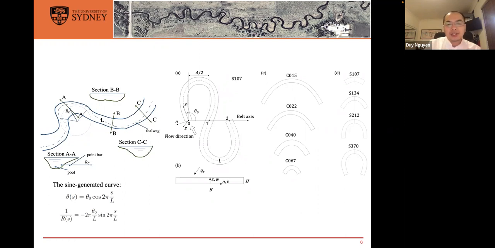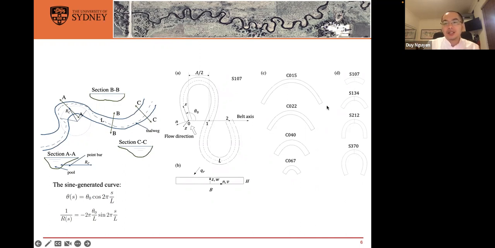we change the curvature. Here kappa stands for curvature, in a range from very mild to a very sharp meander. We also change the sinuosity, and we do that by changing theta zero here, which is called the deflection angle.